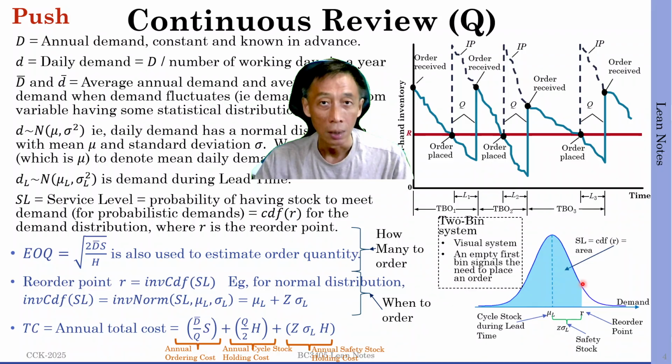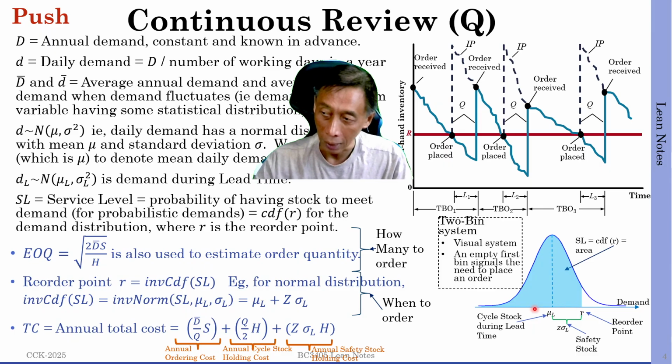So that's our usual notion of cumulative distribution function. The probability or the area that is lesser than R on the x-axis.